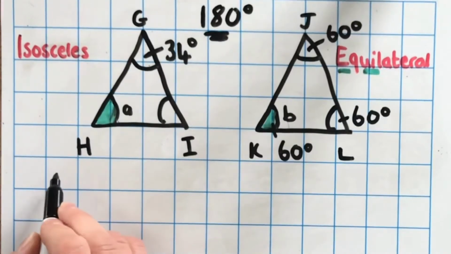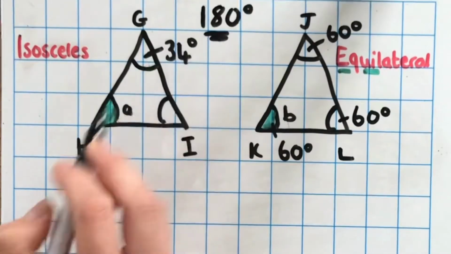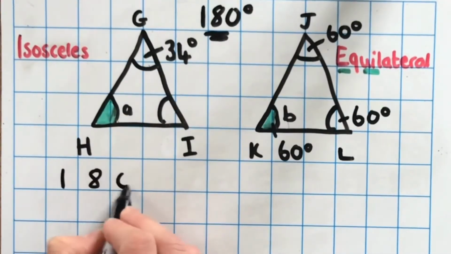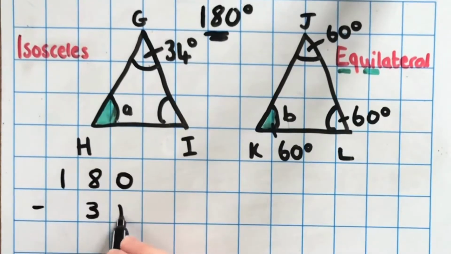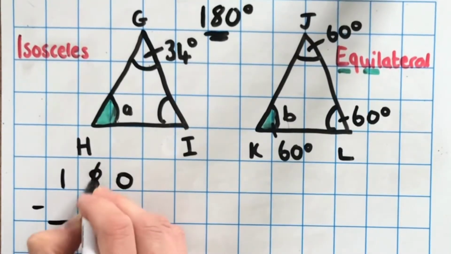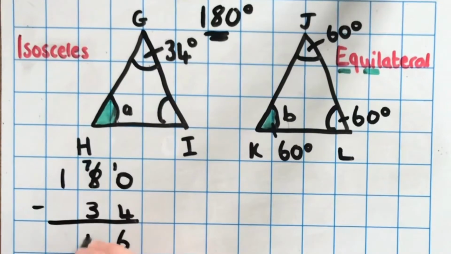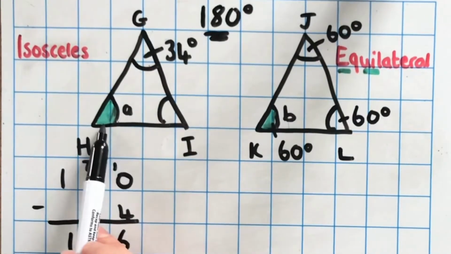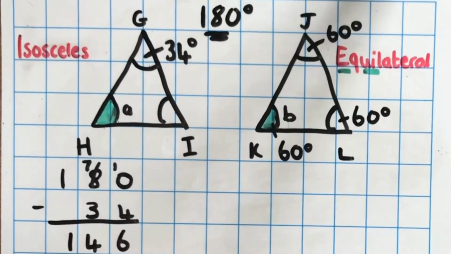So your first step is to take away the size of the angle you already know. So 180, and we're going to take away 34. That gives you 146. Now that means this angle and this angle equal 146 degrees. With an isosceles triangle, we've already worked out that those angles are the same size.